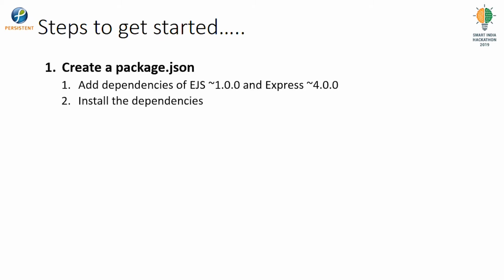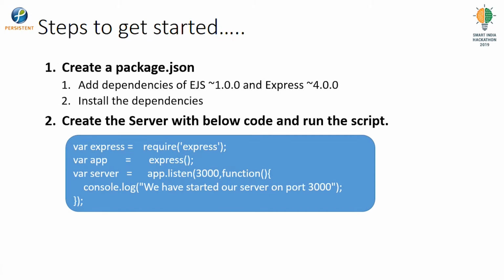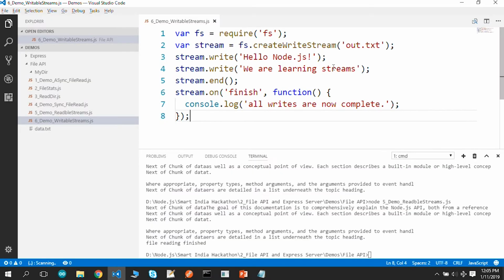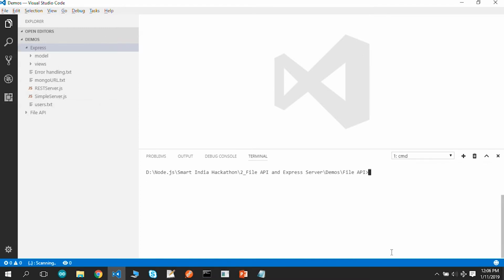So, the steps to get started, we will be coming back to package.json in a while. But before that, we need to install the dependencies for Express, that is, we need to install the package for Express and get started with this block of code. So, let us go ahead and do this. The first step will be to install Express.